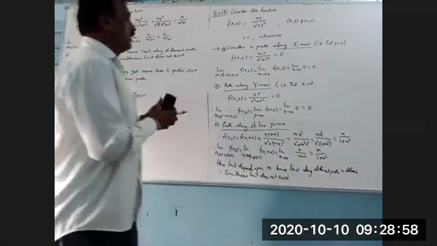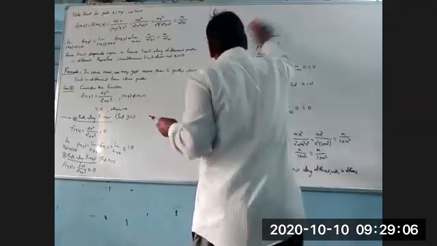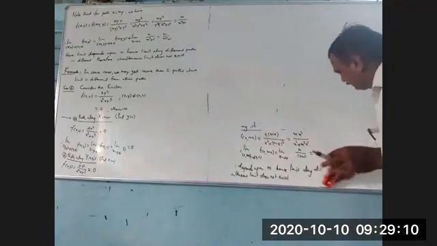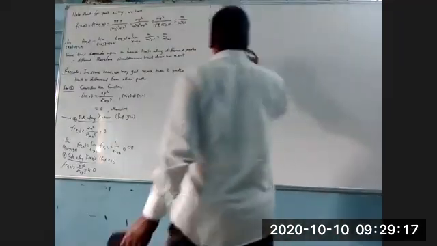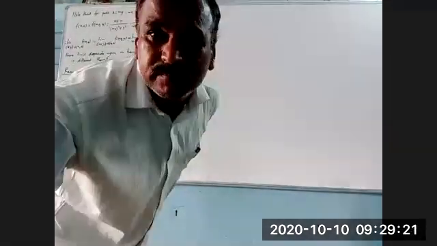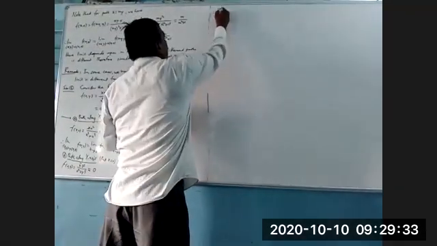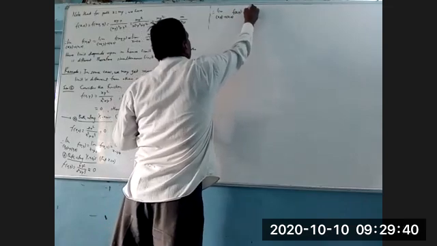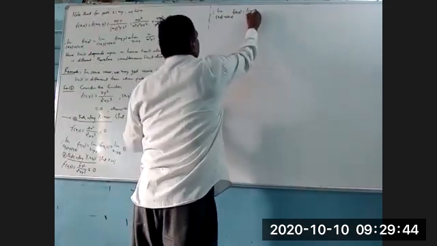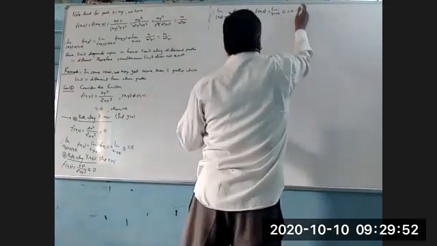Therefore, the limit as y tends to 0 of 0 is 0.